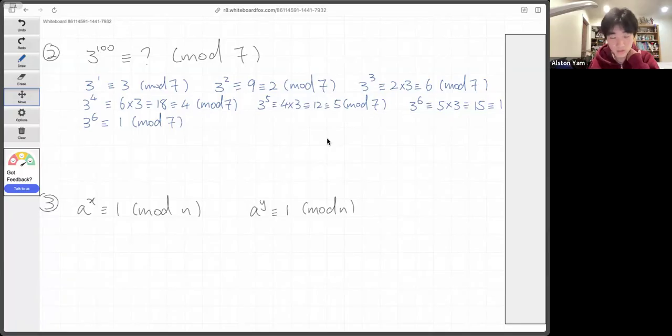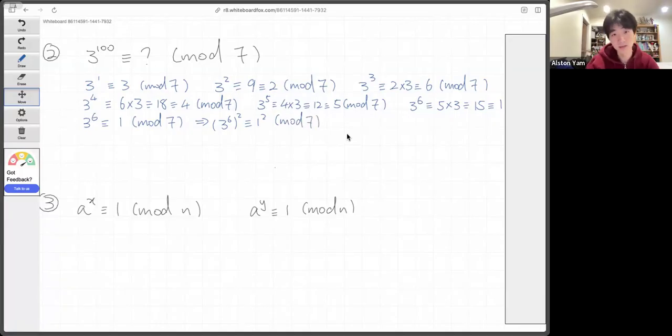Now I can do exponentiation, because the right-hand side will always stay the same. Let's raise both sides to the second power, so we are squaring both sides. That means 3 to the power of 6, squared, is congruent to 1 squared mod 7.